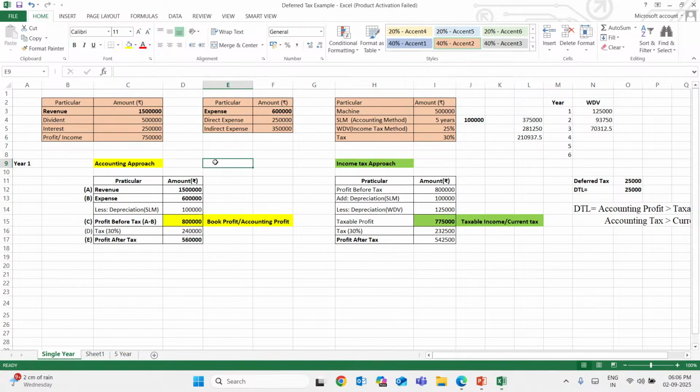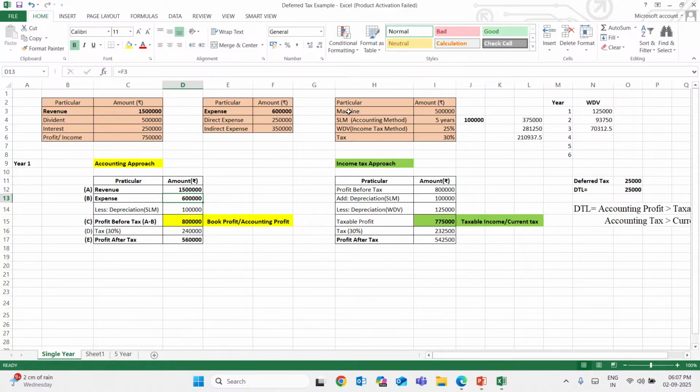In the accounting approach, if we have revenue of 15 lakhs and expenses of 6 lakhs, what will be our profit before tax? But before that, we have additional information: there is a machine of 5 lakhs, and we carry out the straight line method, SLM, on the machine for 5 years. That is 5 lakhs into 1 upon 5 for each year, which gives us 1 lakh.